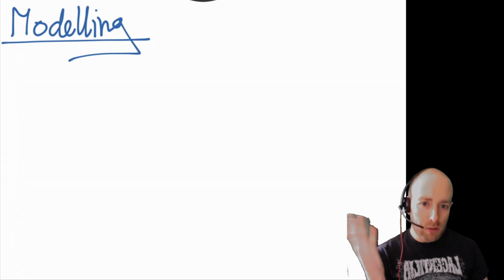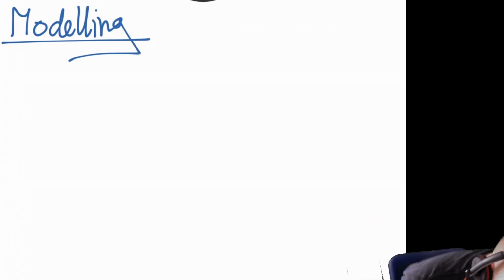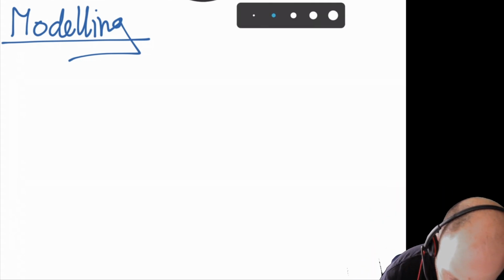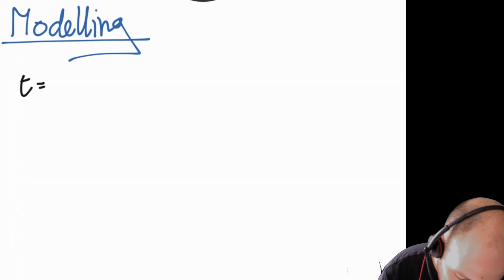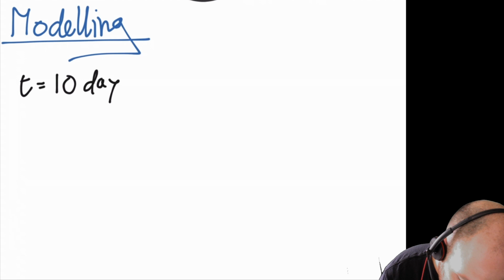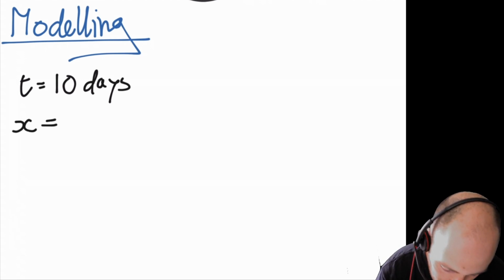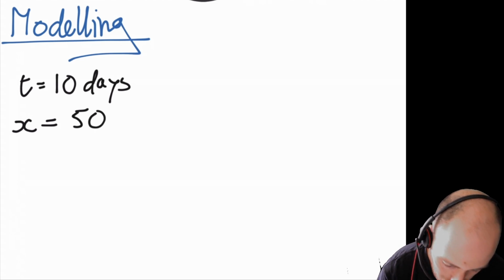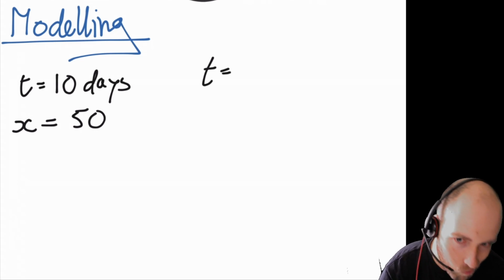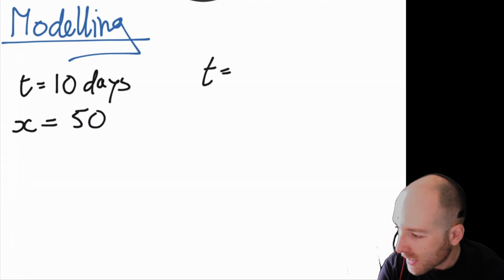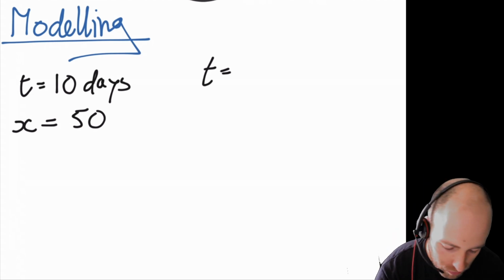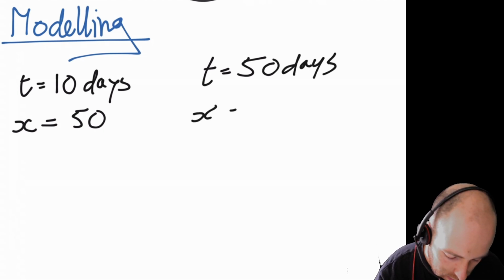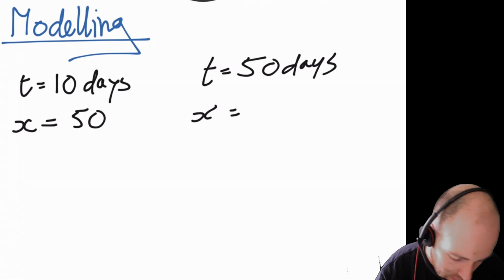So first data point, let's have time equals 10 days, and we'll have x equals 50, and then we'll have time equals 30 days, x equals 20,000.